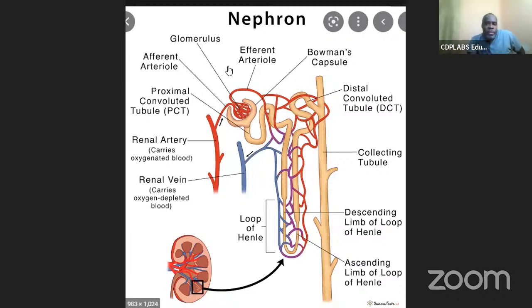What's the name of the tiny blood vessels?